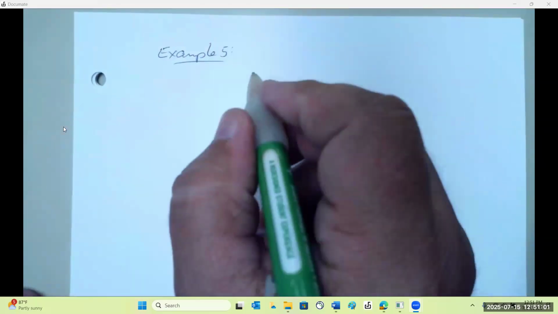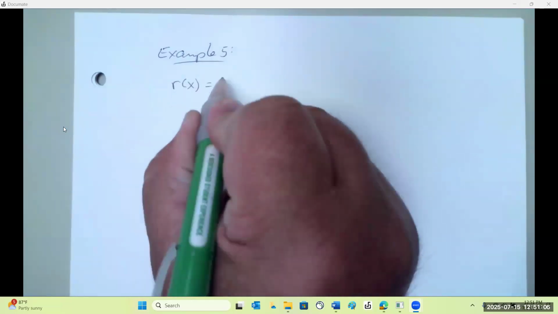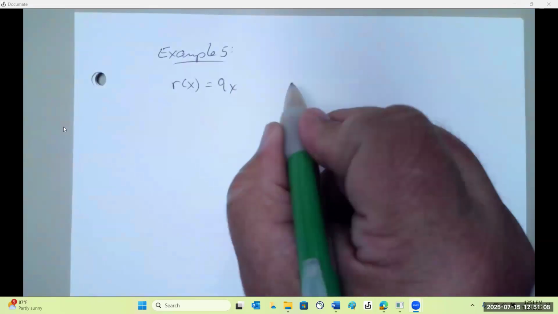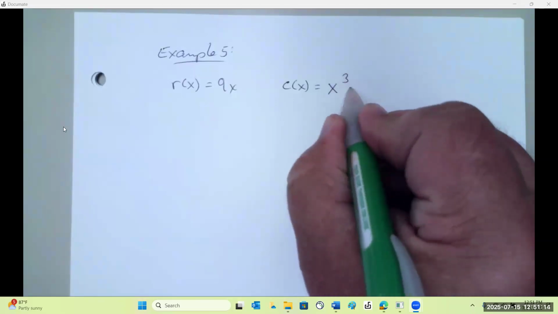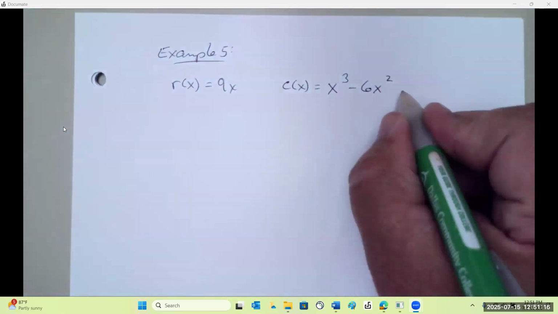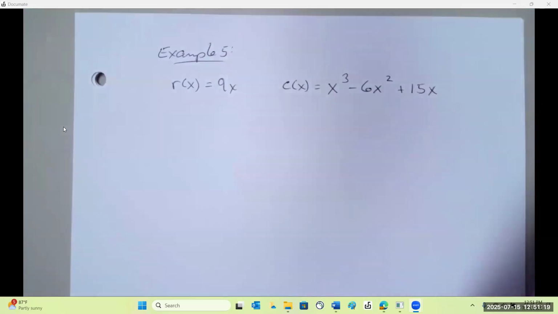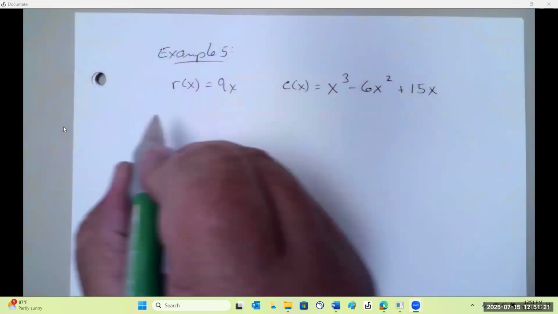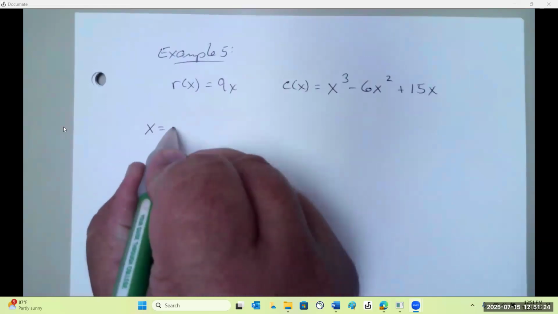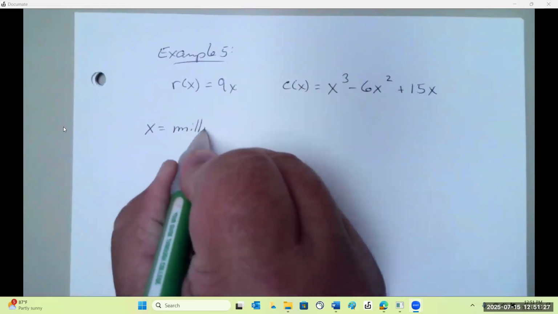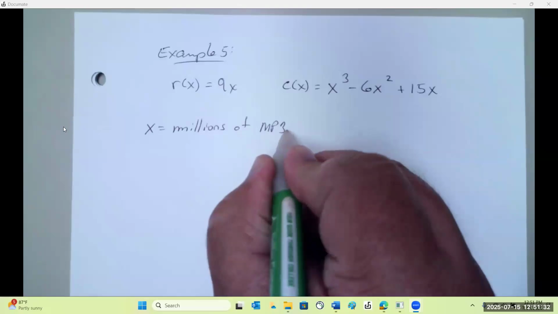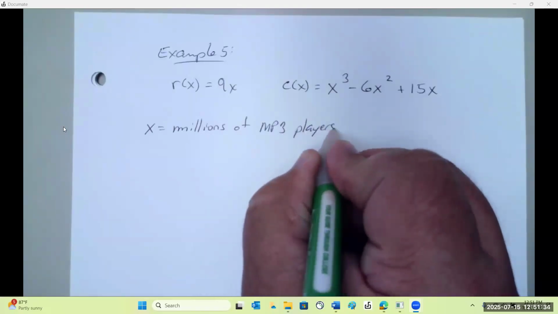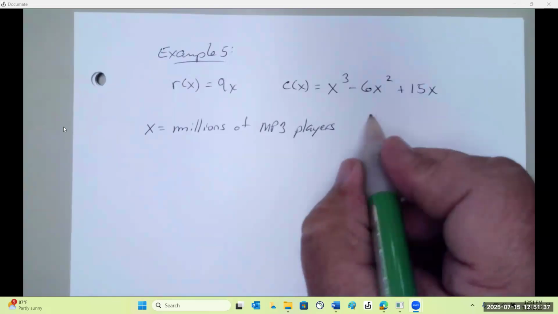Example 5. Suppose R of x is equal to 9x, and C of x, your cost function, is x cubed minus 6x squared plus 15x, where x is equal to millions of MP3 players produced.